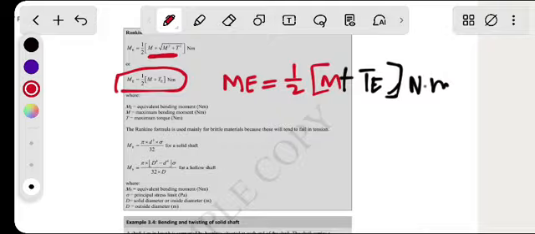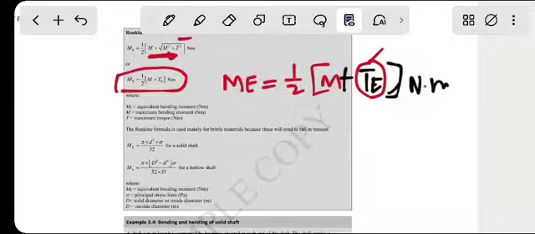Why do we say Te? Remember, we have learned that Te is equal to the square root of M squared plus T squared. So Te is one and the same thing, guys, the actual and that. This is measured in Newton meters.